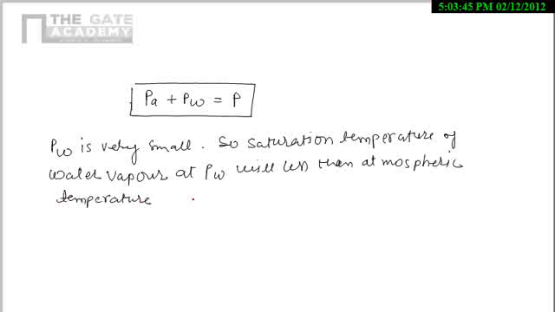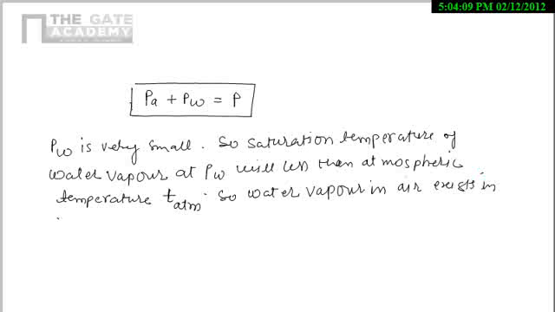Right now let's represent the atmospheric temperature by T ATM. So the water vapor in air is existing in a superheated state, and the air is called unsaturated air.